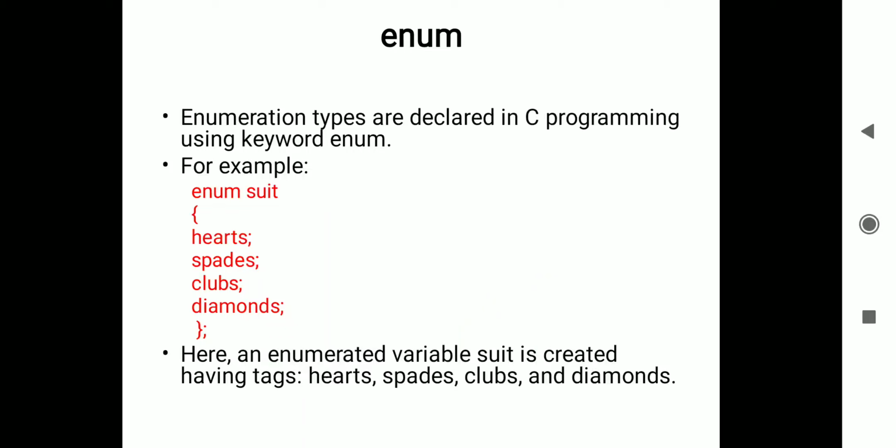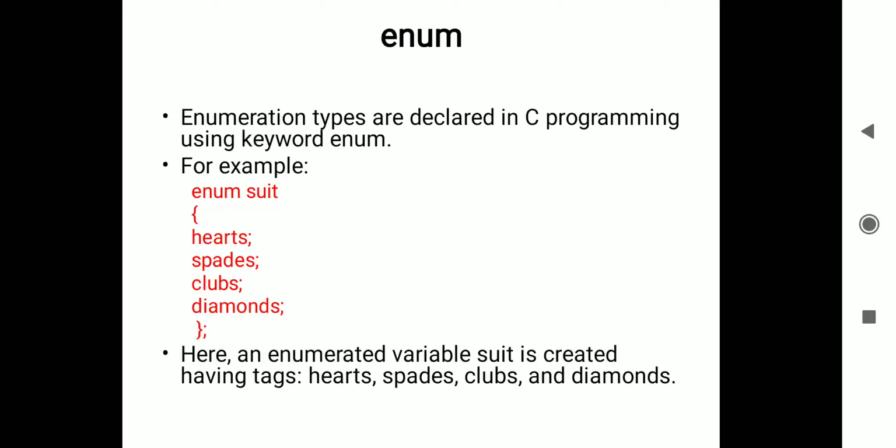Last is the enumeration keyword. In enumeration, types are declared in C programming using the keyword enum. For example, enum suit. In enum suit, use the declaration of different types of any particular object.